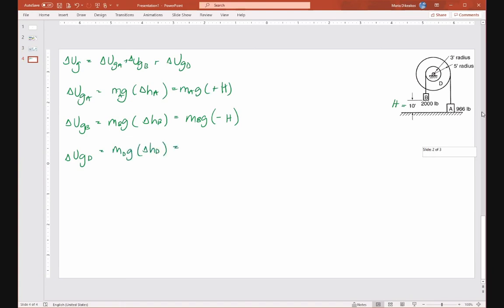What is the height change of the pulley? There is none, so it would be considered 0. That's right. Okay, so now we have everything here, numerical values, etc. So if we plug in some numbers, what does that give us? We have the mass of A, the mass of B, and we have G. Now, G is what in this case?